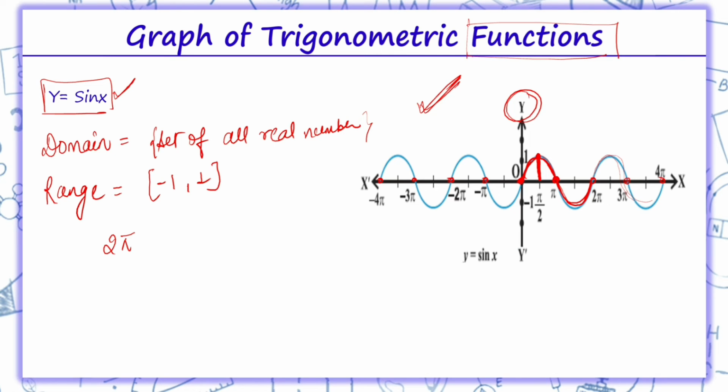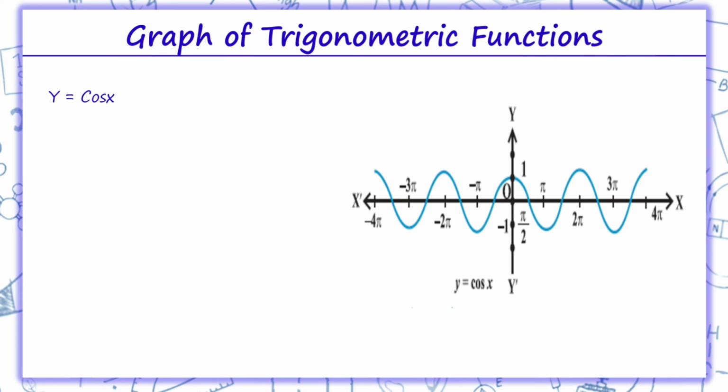Suppose sin 2 pi is 0, sin 4 pi is 0, and so is the case with everything. This is how we have to study this graph. Thus we can say sin(2 pi plus x) is sin x, because sin x repeats its value after a 2 pi interval. So this was all about the first trigonometric function, sin x.